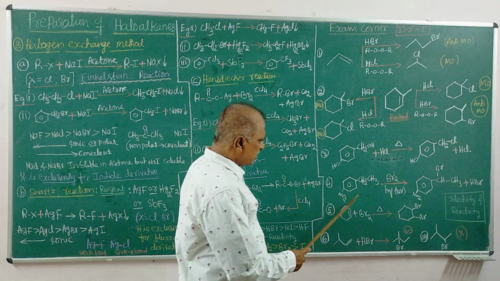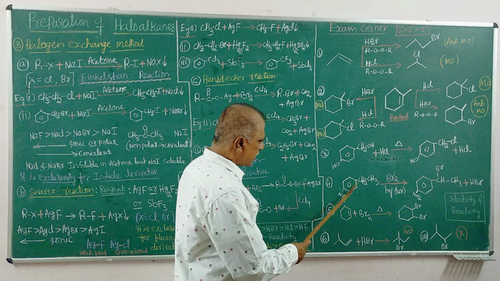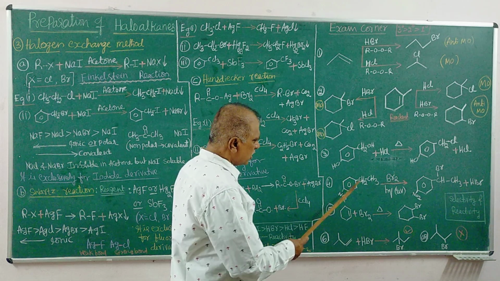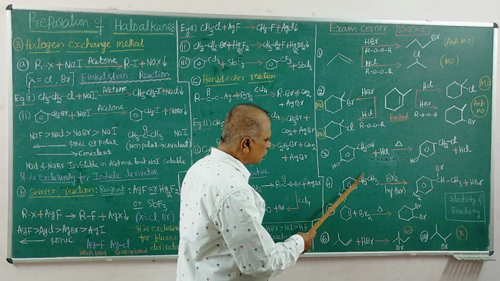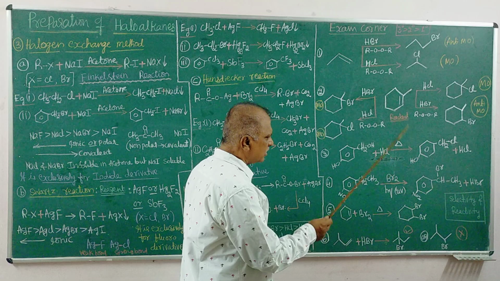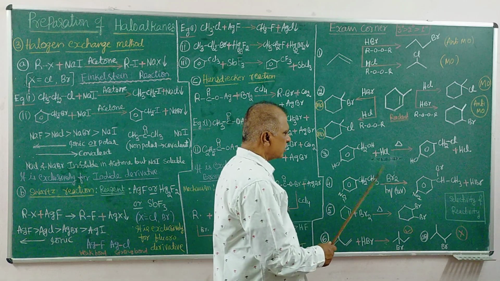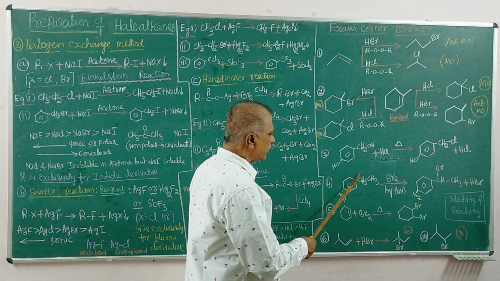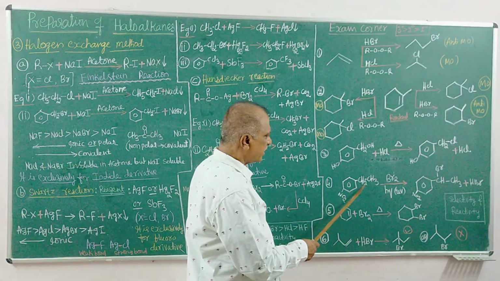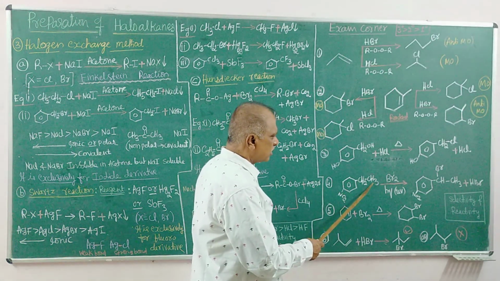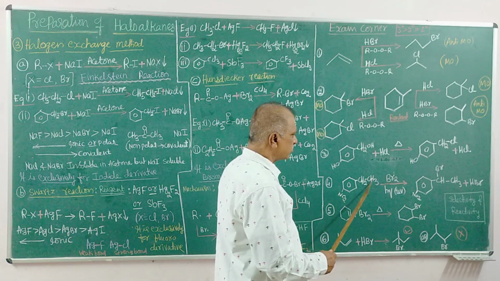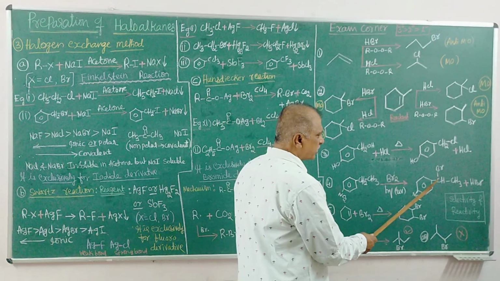Another example: this compound is an aromatic compound, again a nitro compound. Here the nitro group NO2 is there, and here a CH2CH3 alkane group. By the action of bromine in sunlight, usually the halogen in sunlight acts only on the alkane part, not on the aromatic part. So the Br goes to this carbon, not this carbon.